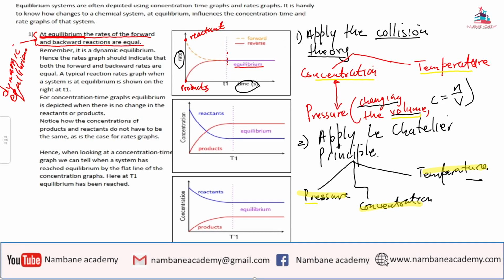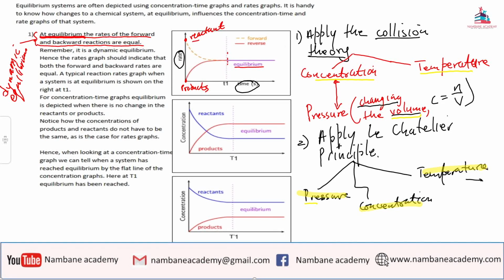So if this is the case, we know that initially only reactants are present. That's the reason why we have the reactants there at the top. Furthermore, the rate of the forward reaction is higher, but with time it becomes used up, and then we reach the equilibrium.